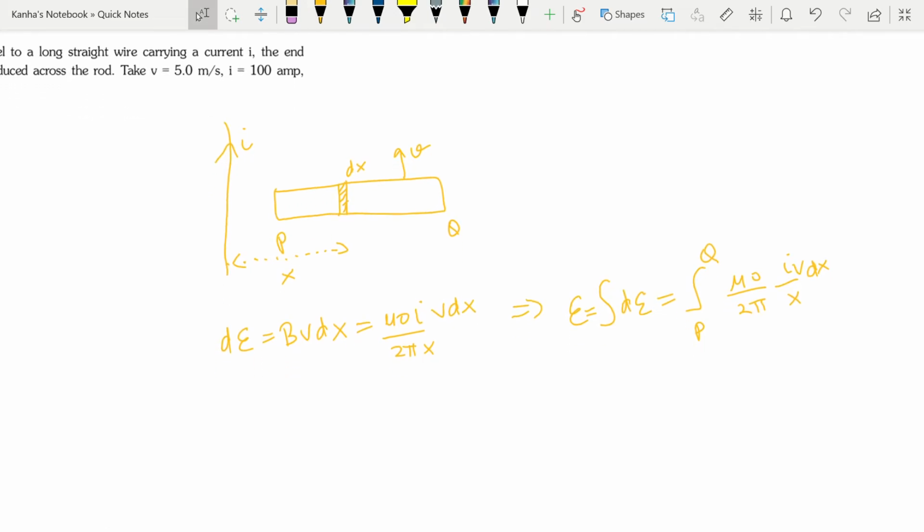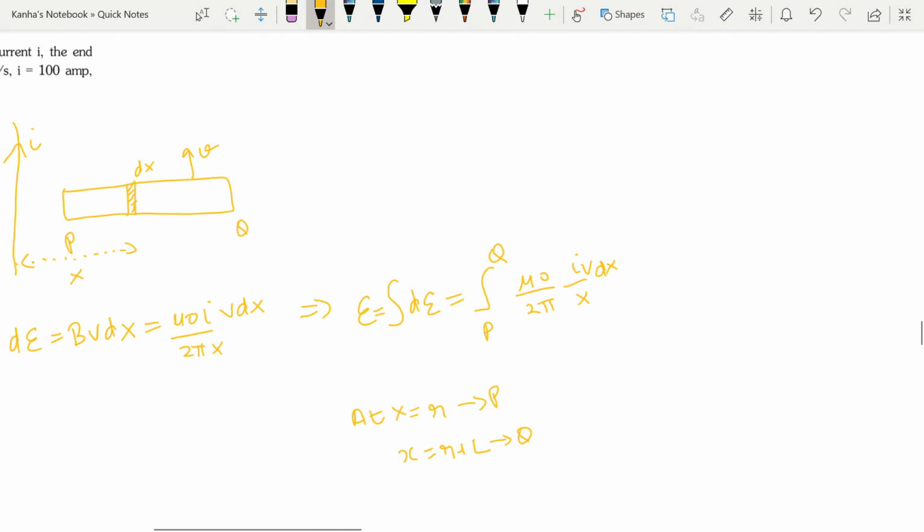Given this, we know that x is equal to R corresponds to P, and x is equal to R plus L corresponds to the point Q. Thus I can easily write that epsilon is nothing but mu naught I V by 2 pi times the integral from R to R plus L of dx by x.